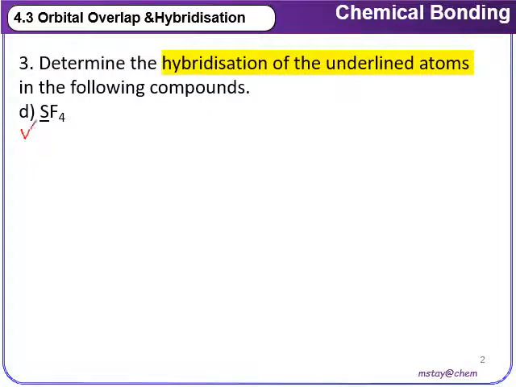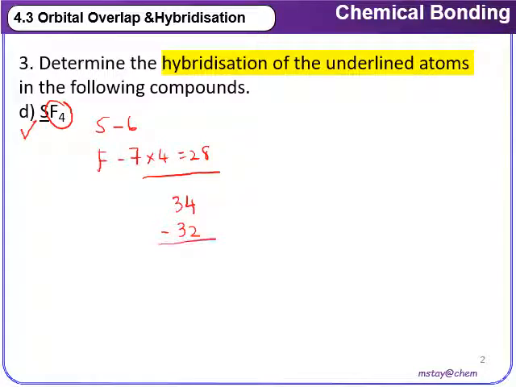Continue with question D. Sulfur has 6 valence electrons, fluorine has 7 valence electrons, total 28 plus 6 is 34 valence electrons. Based on the formula here, we know there are 4 terminal atoms. Each terminal atom is going to have 8 valence electrons, so we are going to subtract 32. And then here we will notice that there are 2 extra electrons, which are going to become a lone pair.